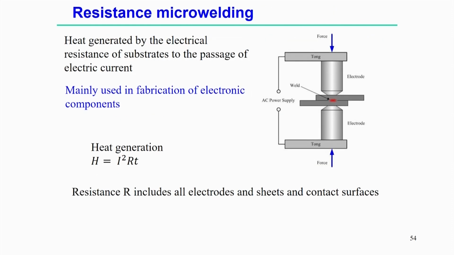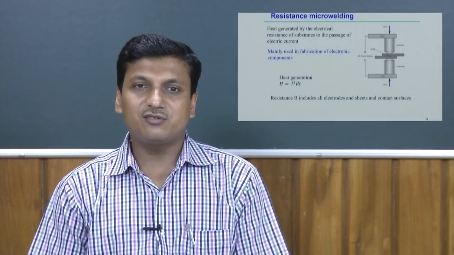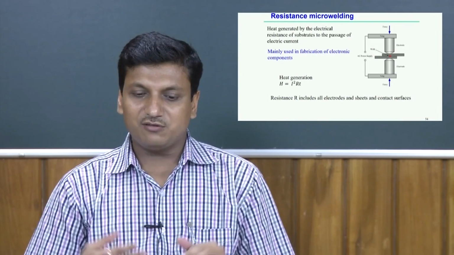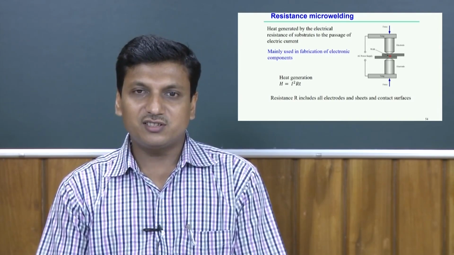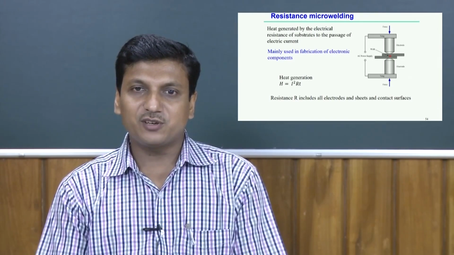Now, if we look into resistance micro welding, the heat is generated by the electrical resistance of the substance to the passage of the electric current. This works on the same principle as conventional resistance welding processes, where the heat generation is due to the resistance that exists with the passage of current.